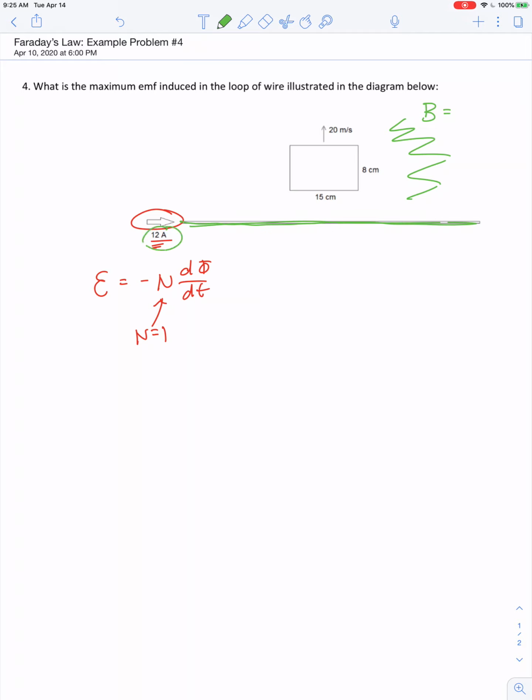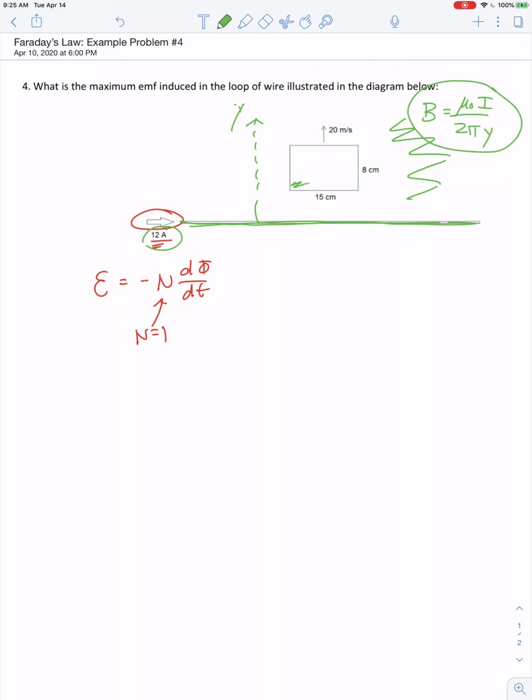If you need to review your notes or look at one of my previous video lectures, we get that B is μ0 I over 2π r. In this case, we'll say 2π y, since we've already labeled this as the y-axis. Okay, so there's the strength of the magnetic field.